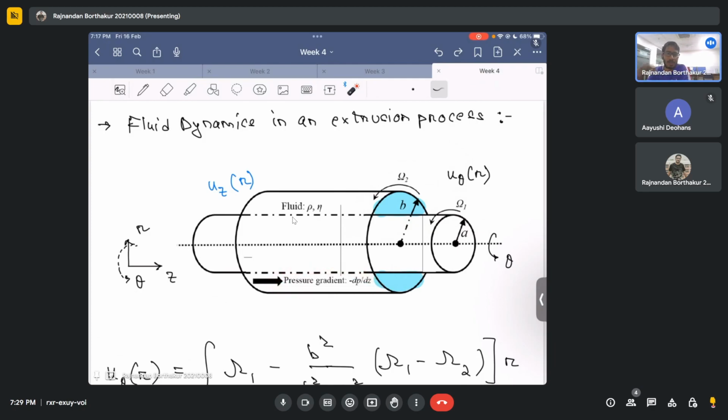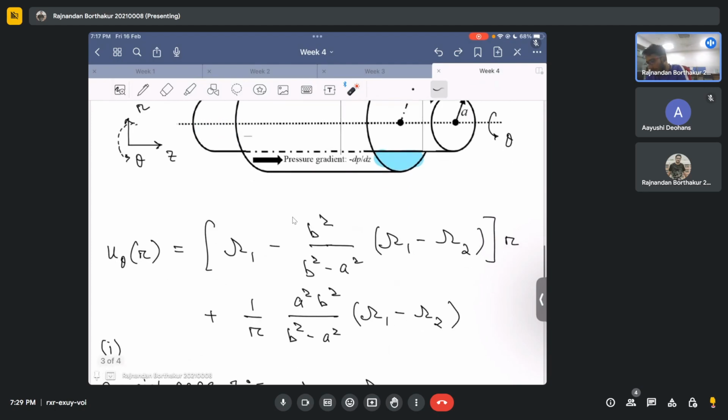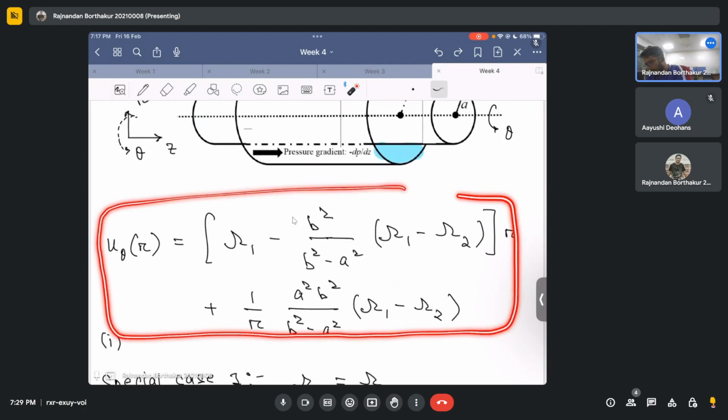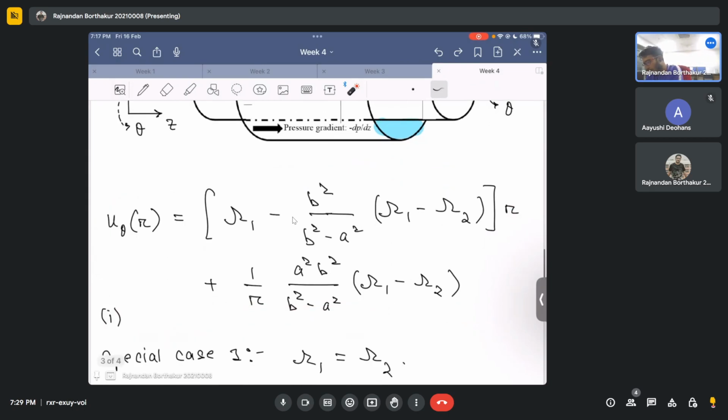We solved the velocity profiles u theta and uz by solving the theta direction Navier-Stokes equation and the z direction Navier-Stokes equation. The velocity profile that we got in the theta direction is basically this, obtained by solving the NS equation in the theta direction.